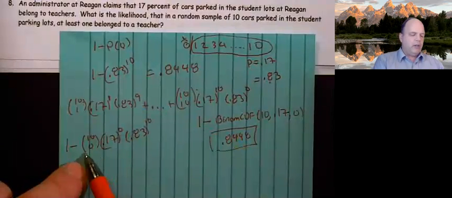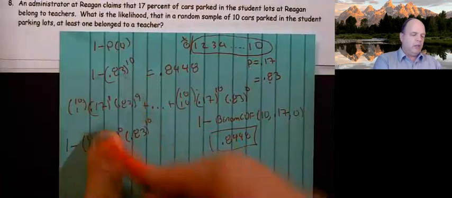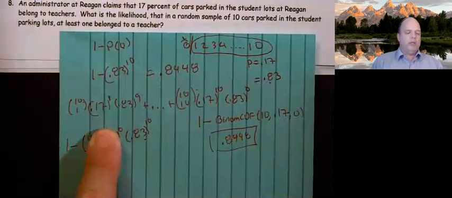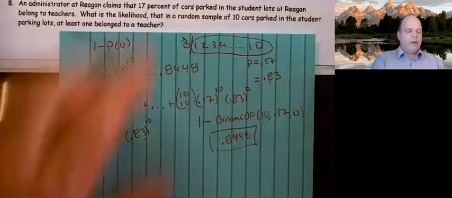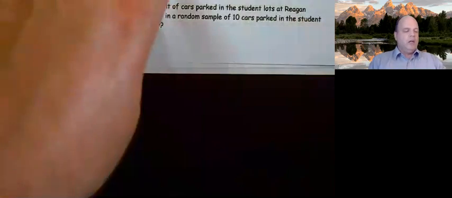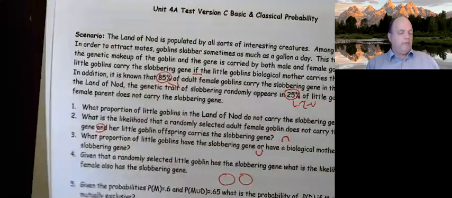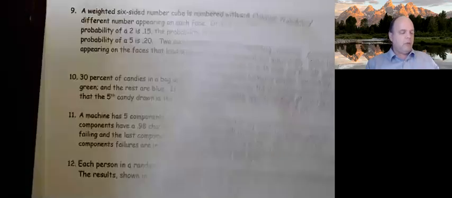This part right here is just 1, and look, we have 1 minus 0.83 to the 10th power, so 0.8448. Okay, so that's using the binomial. So now that you know how to use the binomial, if you prefer the binomial for that type of problem, feel free to use it.